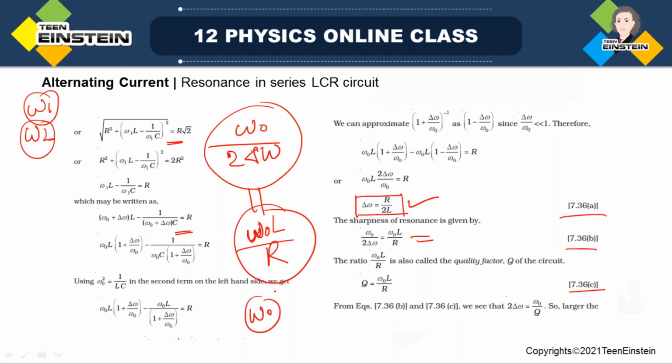One is omega 0, the natural frequency of the system itself, which you can just leave. One is L: if your inductance is more and more, the sharpness of resonance will be more and more. If your resistance is more and more, the sharpness of resonance will be less and less. We have seen that the curve will be flatter and flatter.